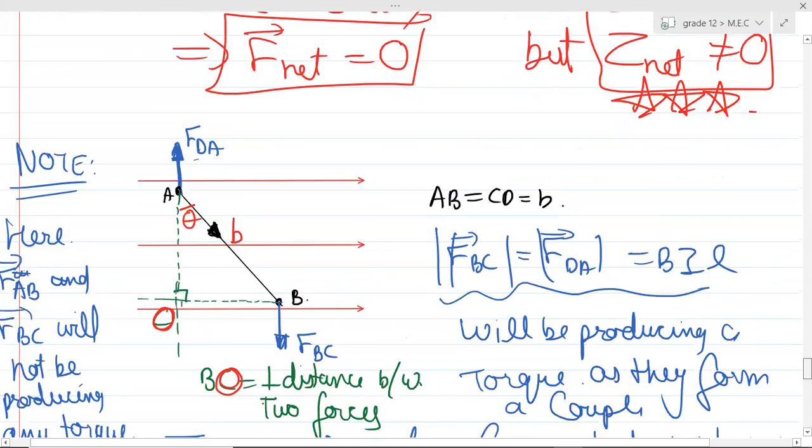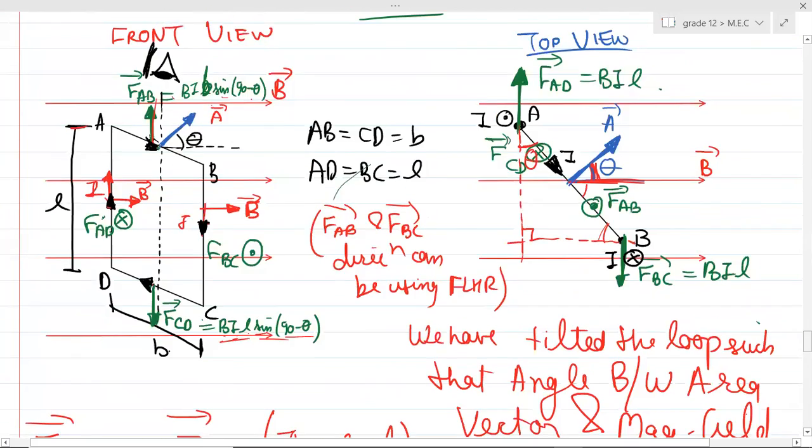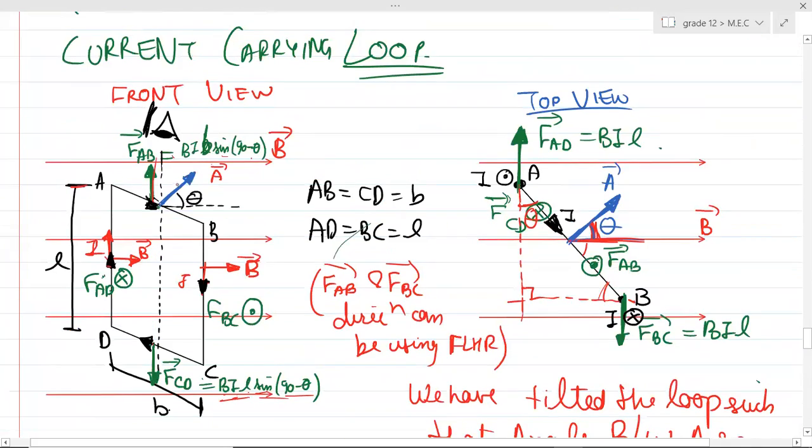But when we were discussing torque, the force acting on AB and the force acting on CD will not be producing any torque. Why not? Both these forces are acting in the opposite direction, which is the first condition, but they don't have any perpendicular distance between them.